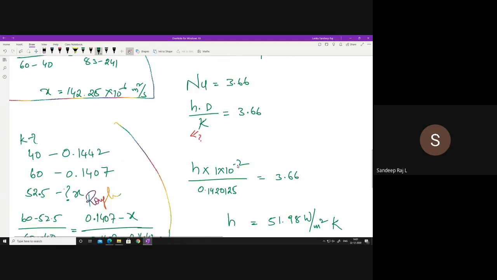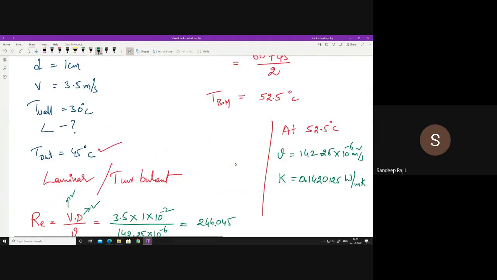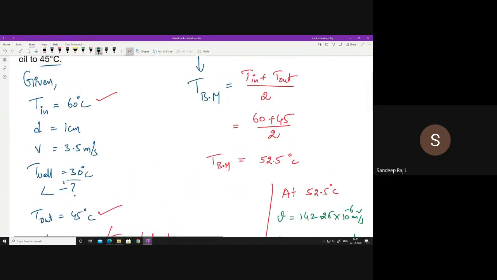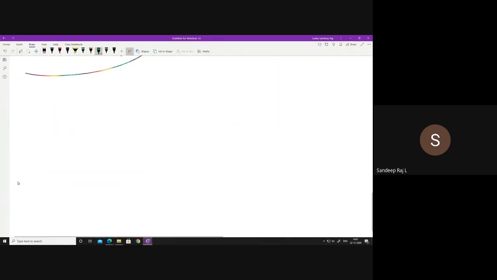But he's not asking you to find the h value in the question. What he's asking is the L value. How to get that? To get that, you will have to make use of the energy conservation principle. That is, Q stored is equal to Q convected.